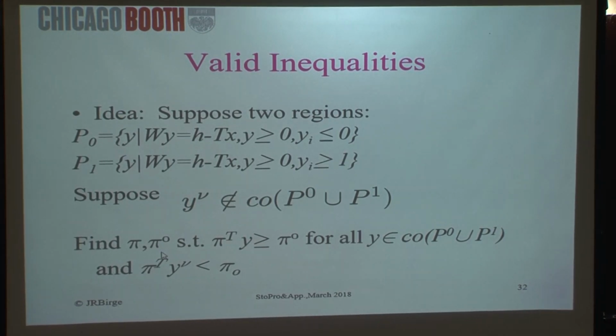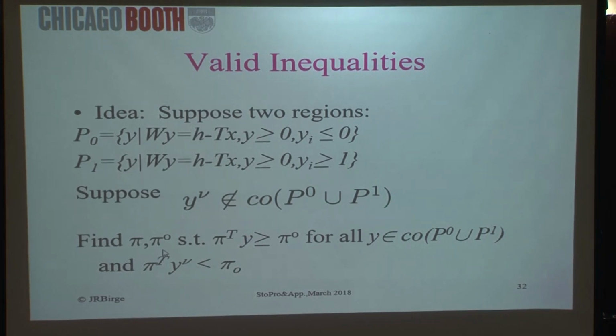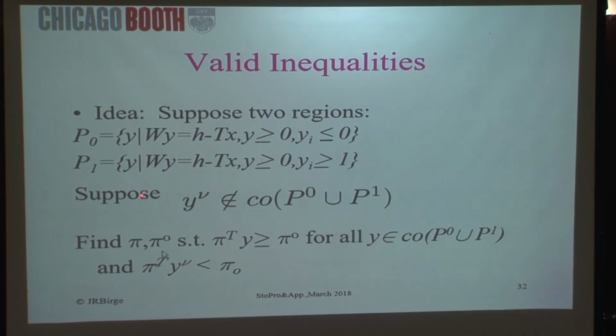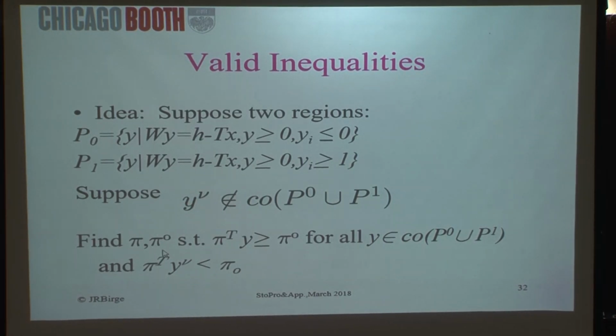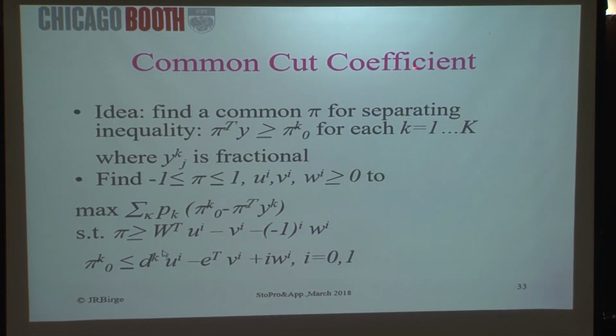Well, what you can do in stochastic programs is to take advantage of the fact that they have similar structure and use one test to get a valid inequality for all of the scenarios. We want to do one test and then get something that works on every single scenario in the problem. And that's the idea of a common cut coefficient.